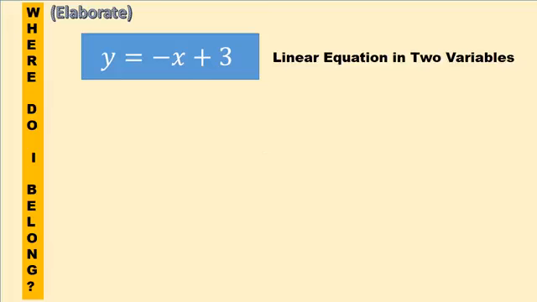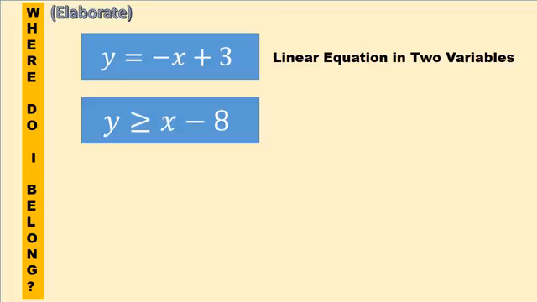Yes, you are right. Congratulations. It belongs to linear equation in two variables because the equation itself uses an equal sign. Now let us proceed to given number 2. Y is greater than or equal to x minus 8. Your time starts now.